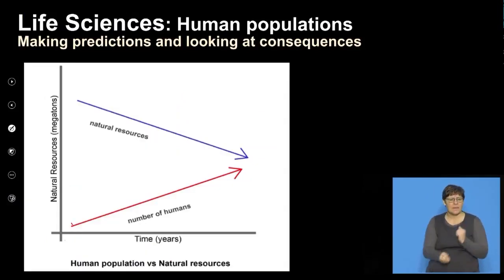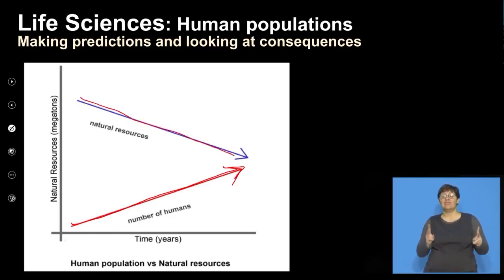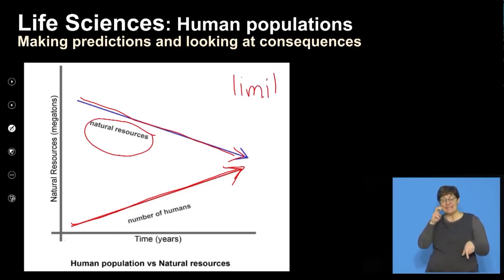The number of humans is steadily increasing, but the number of natural resources is decreasing. And these natural resources are, of course, our limiting factors.